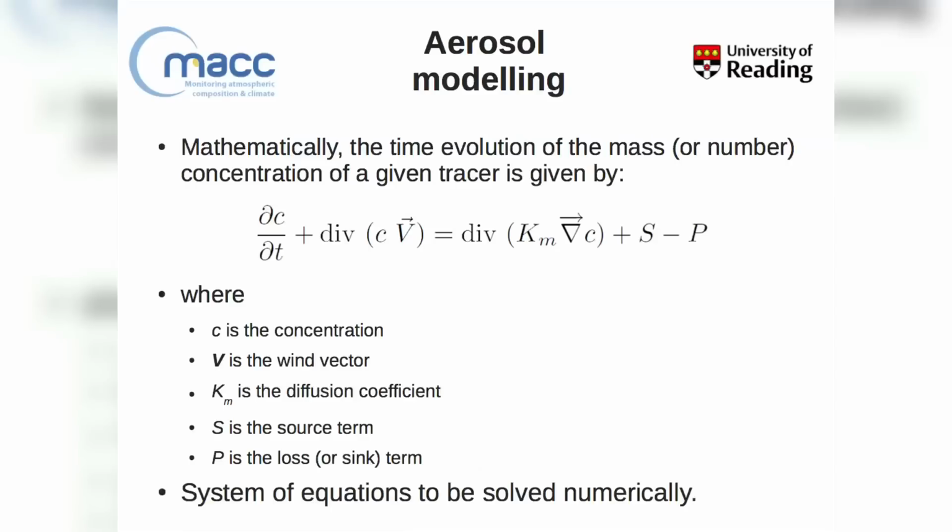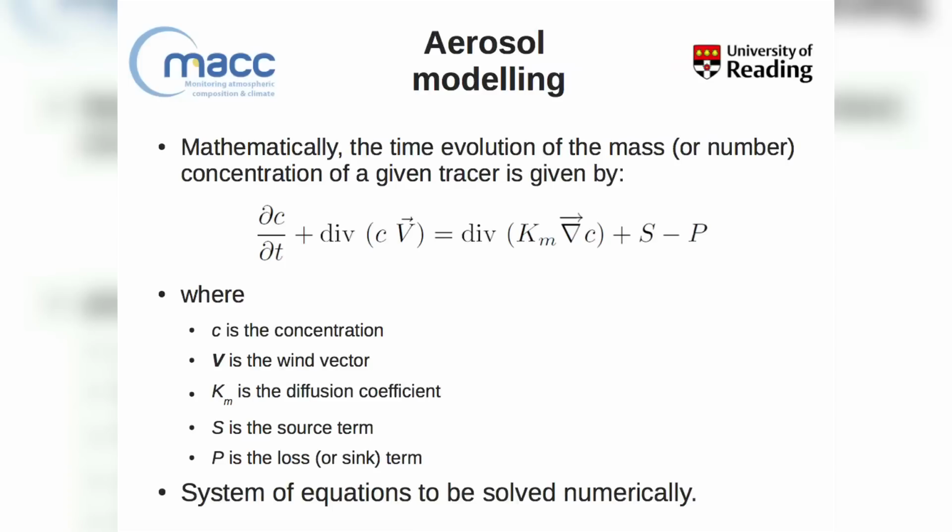Okay, so a little bit more mathematically than my simple diagrams with big arrows I showed earlier, here is the equation of conservation that, by essence, a numerical model solves when doing its job.